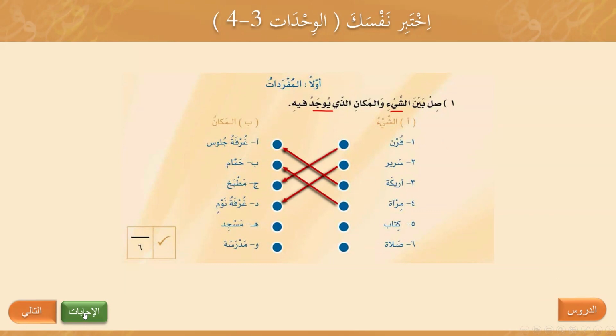Then we have kitabun; kitab we find in the school, which is madrasa. And then we have salatun, which is basically prayed in the masjid. So here we have connected between the thing and the place, and I would like you to see how many marks you got. The total marks are 6.